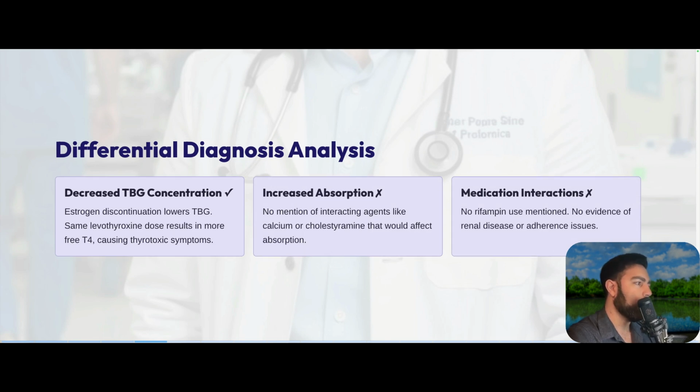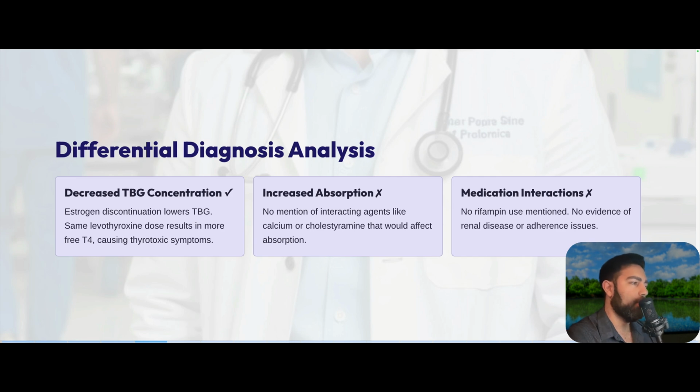So remember that the differentials to consider here were decreased TBG concentration, increased absorption, or a medication interaction. For example, for medications, there was no rifampin use mentioned, no evidence of renal disease or adherence issues. In terms of absorption, we didn't hear anything about a calcium supplement or cholestyramine that would affect the absorption. The decreased TBG concentration was the most plausible here.